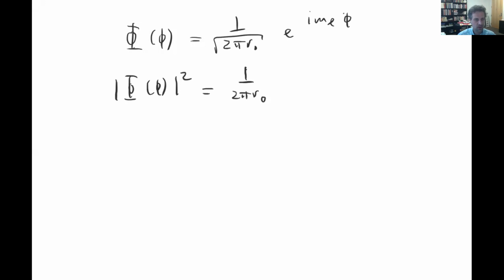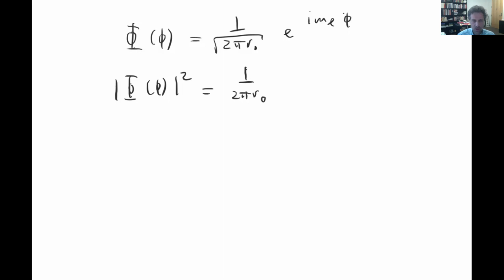That means that for all of these functions, the probability of finding the particle anywhere on the ring is a constant. In other words, it is the same everywhere. So unlike the particle in the box, the particle on the ring is uniformly described.